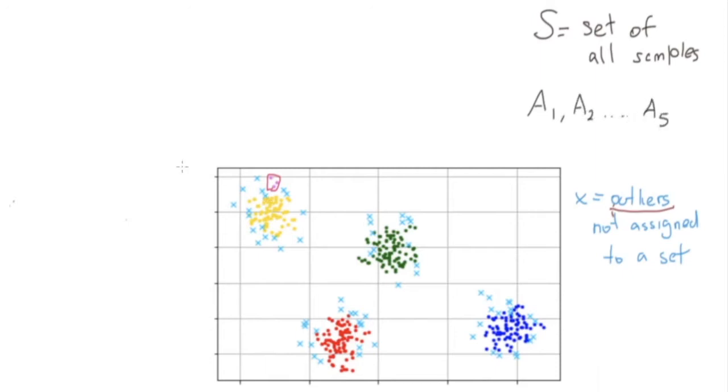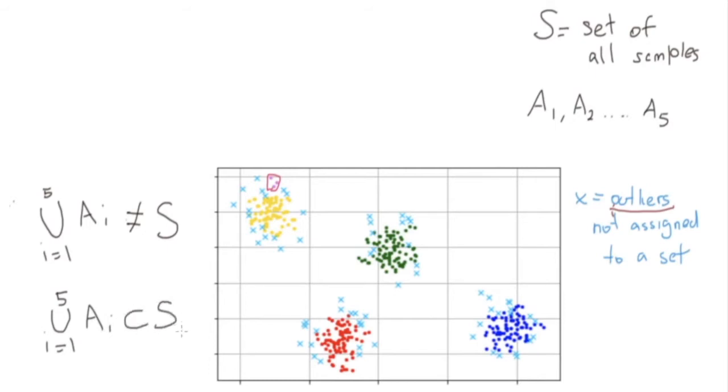What we find is that if we take the union of sets 1 to 5, so that's all 5 of these sets, purple, yellow, green, red, and blue, it does not equal the set of all the samples, because there are all these blue X's, which are outliers, which means that they aren't assigned to one of those sets. So in fact, the union of all the samples which are assigned to sets, the union of A1, A2, A3, A4, and A5, is actually a proper subset of S.